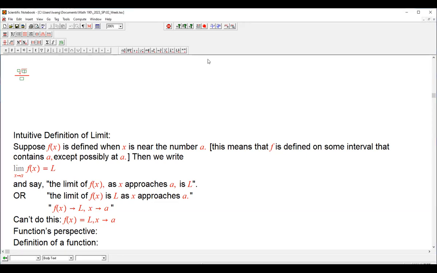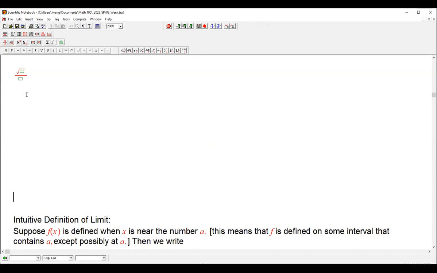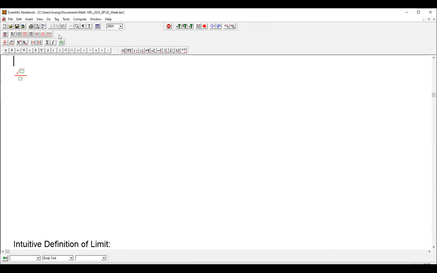Let's see, this is being shared. I'm going to clean this up. And here we're going to do rationalizing the numerator, divided by h.